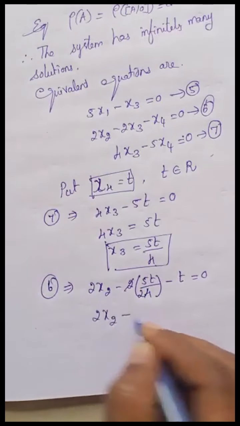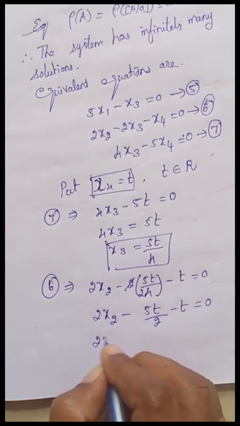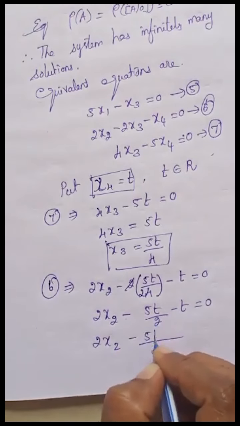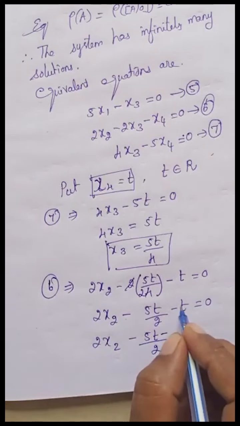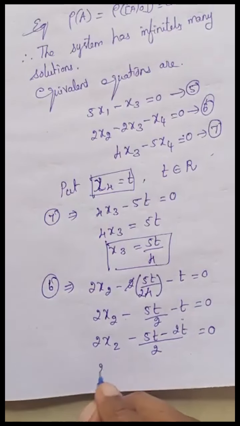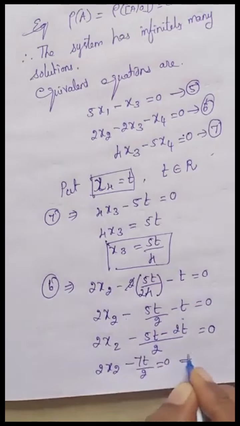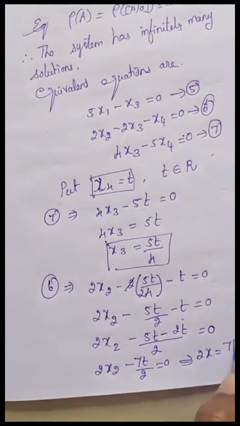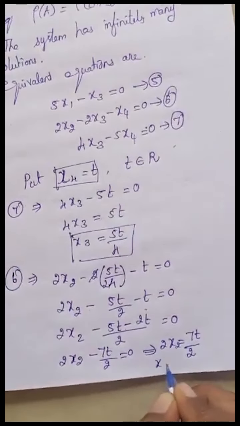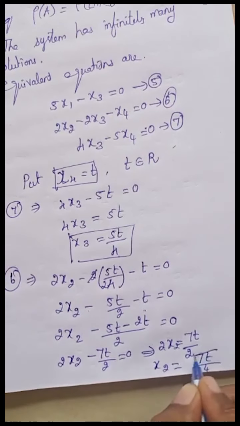So 2x2 minus 5t by 2 minus t is equal to 0. So 2x2, take the LCM, 2 will be the LCM, minus 5t minus t, so we have to multiply by 2, equal to 0. So 2x2 minus 7t by 2 is equal to 0, which implies 2x2 is equal to 7t divided by 2, or x2 is equal to 7t by 4.